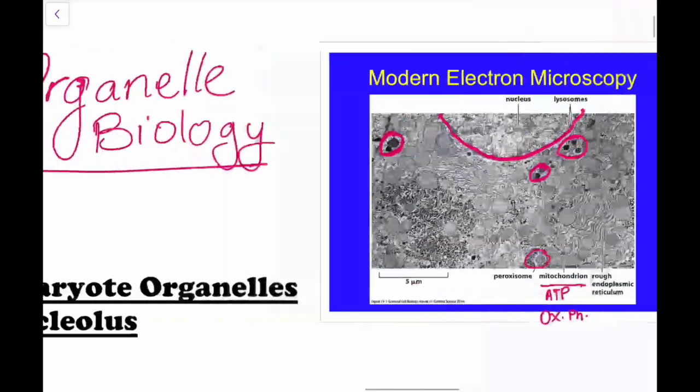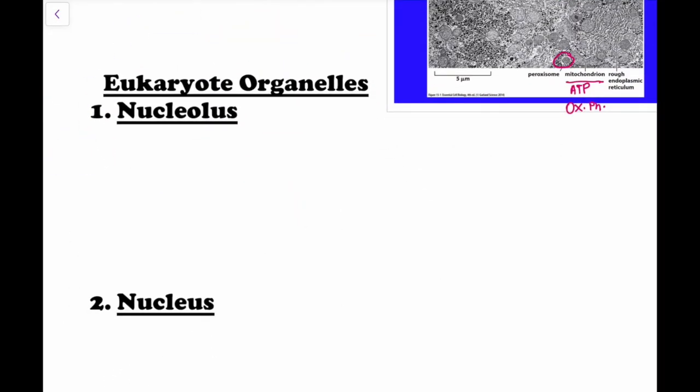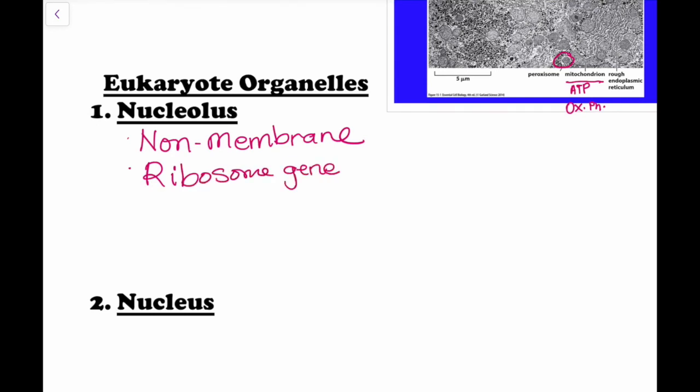So let's jump right into some organelles. Today is going to be the easy day. So, what is the first organelle we'll talk about? The nucleolus. Nucleolus is important, and the structure of nucleolus is that it is a non-membranous component, as the ribosome genes. This is where the ribosomes assemble.